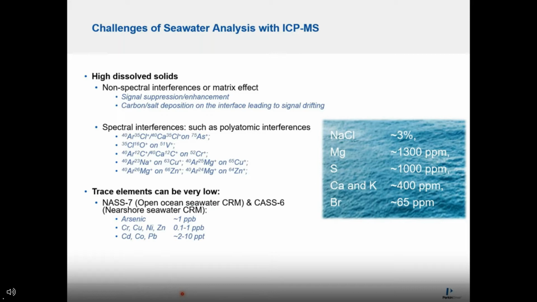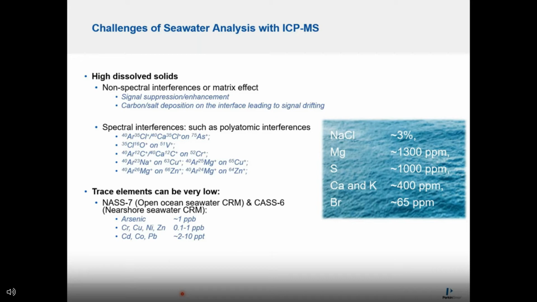Firstly, seawater contains high amounts of sodium, chloride, magnesium, calcium, sulfates, etc., which will interfere with ICP-MS analysis. Secondly, the trace elements that we are analyzing, the heavy metals, can be at very low concentrations.